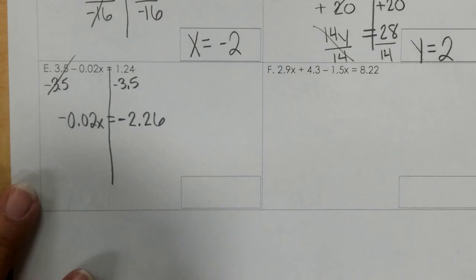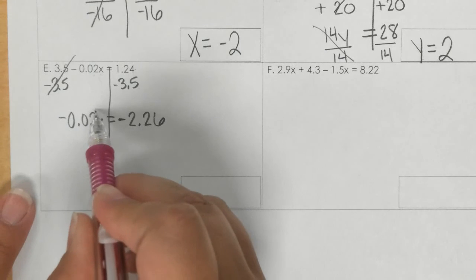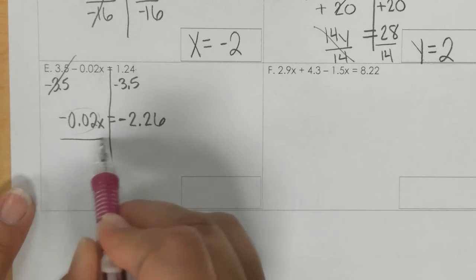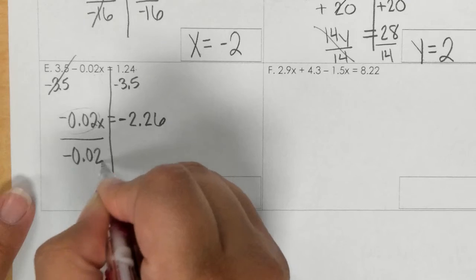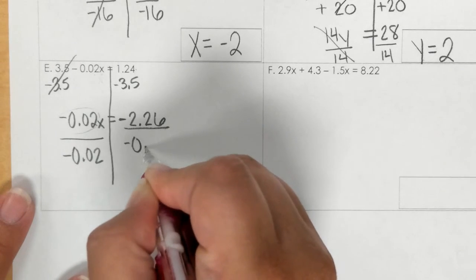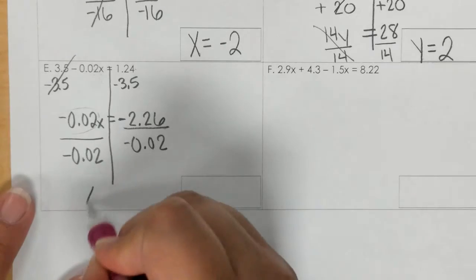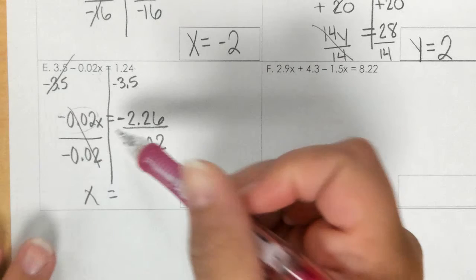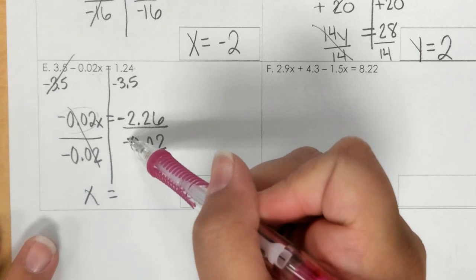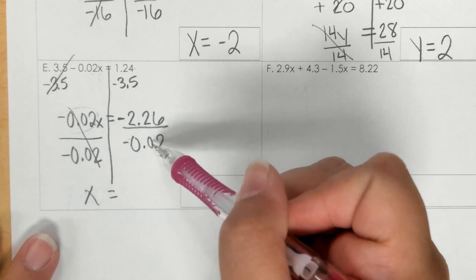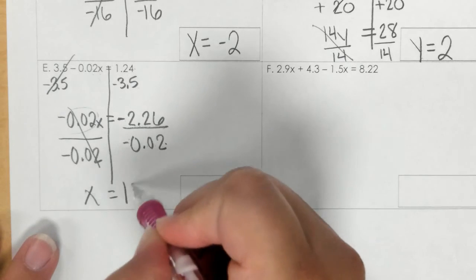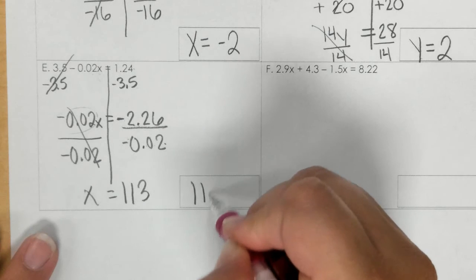Okay. Then to get x by itself, I have to always divide by that number in front of x. So I'm dividing by the negative 0.02. Okay. Then I know that a negative divided by a negative is a positive. And if I take 2.26 divided by 0.02, that gives me 113.